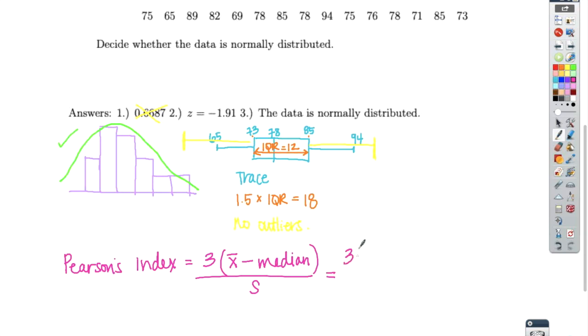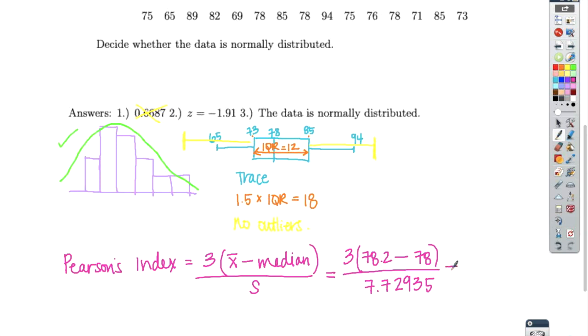So the sample mean for this data set is 78.2. The median, getting this from my list, is 78. And the sample standard deviation is 7.72935.